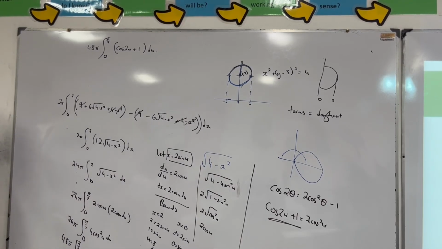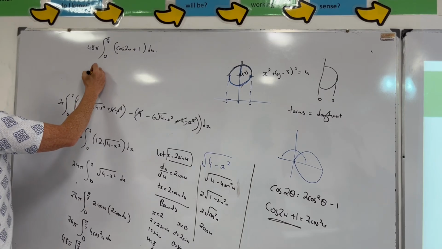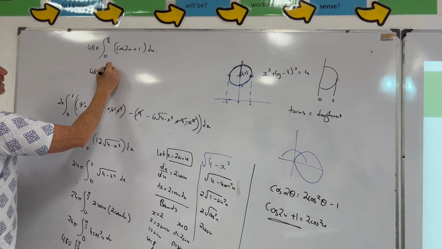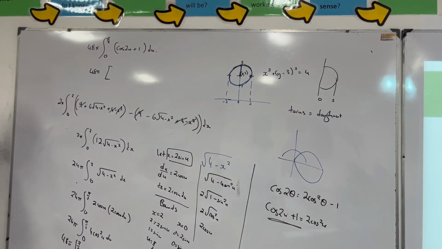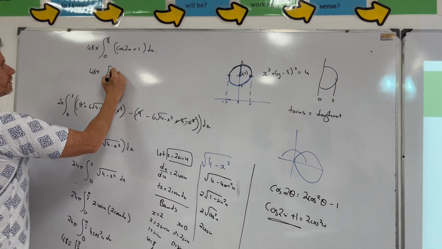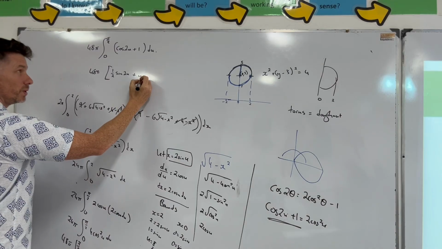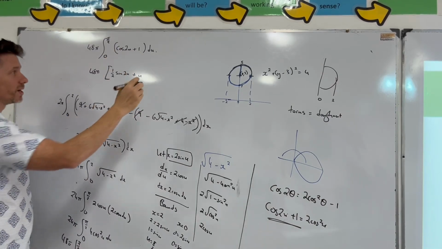Right, we're almost there. We now need to integrate finally. 48 pi is going to be on the outside. What is the integral of 2 cosine 2u? 1 half sine 2u, yes, plus u. We're all dealing with u's now.